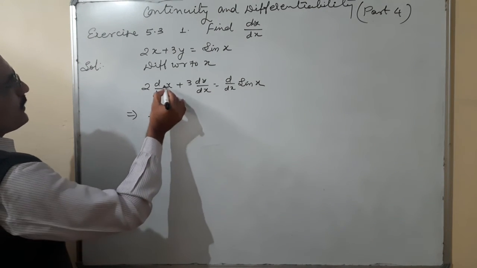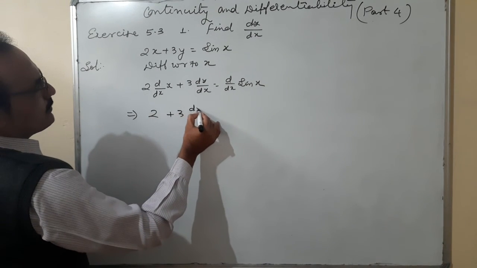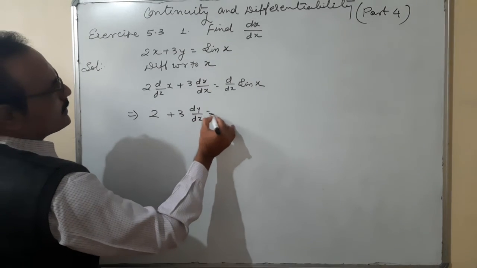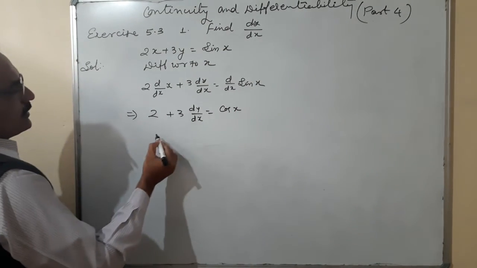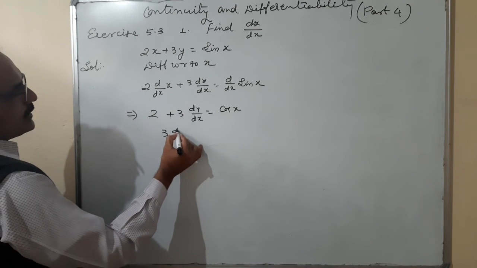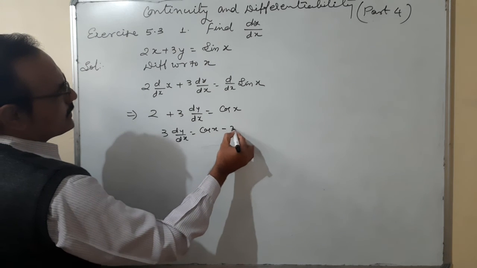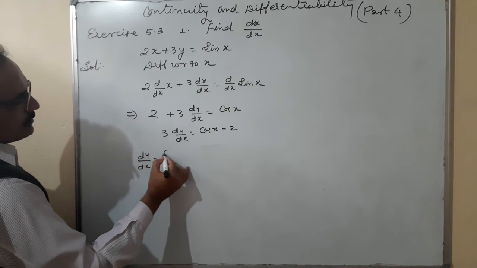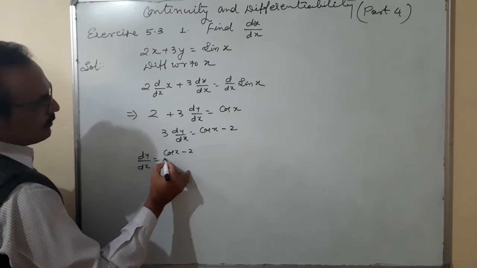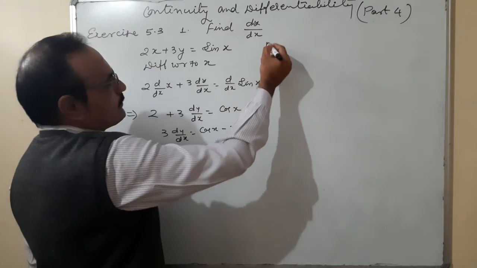So 2 x to the power 1 plus 3 dy by dx is equal to the differentiation of sin x, which is cos x. I'll separate dy by dx. So 3 dy by dx is equal to cos x minus 2. That means dy by dx is equal to (cos x minus 2) upon 3. This is the value of dy by dx.